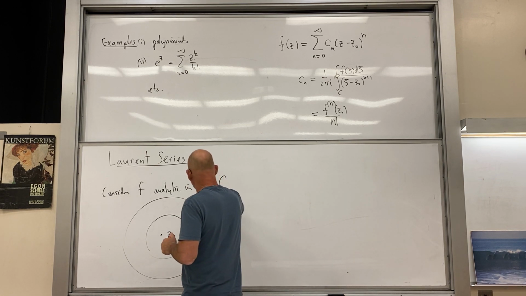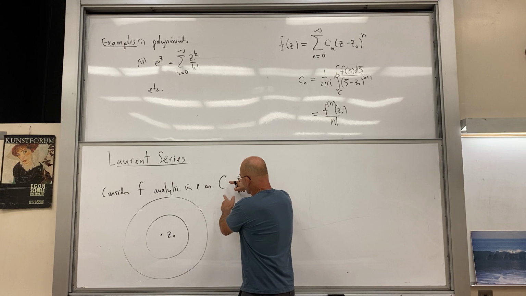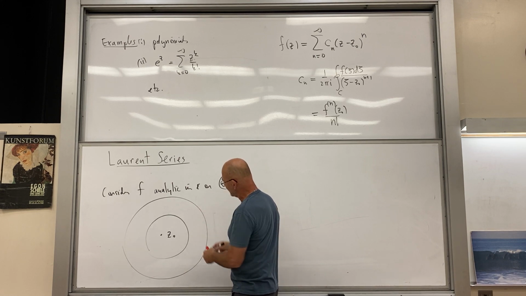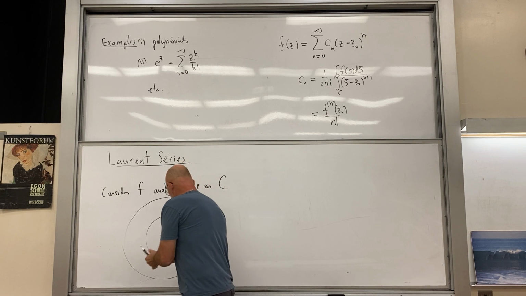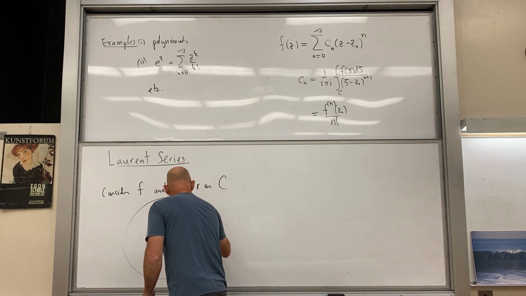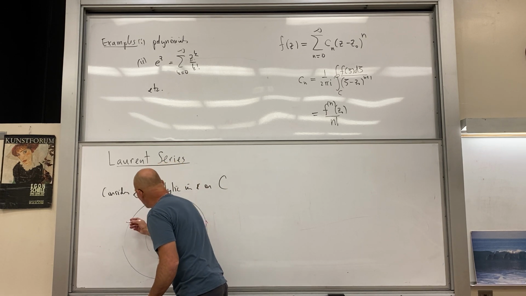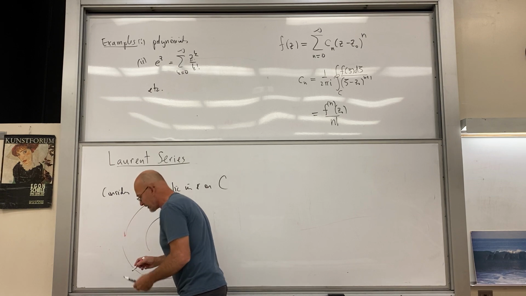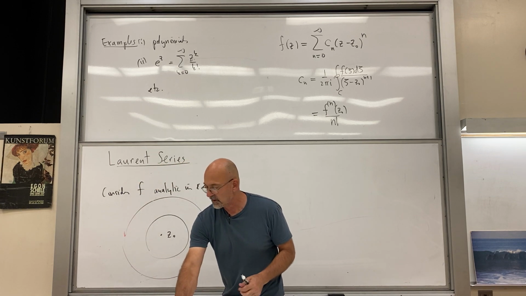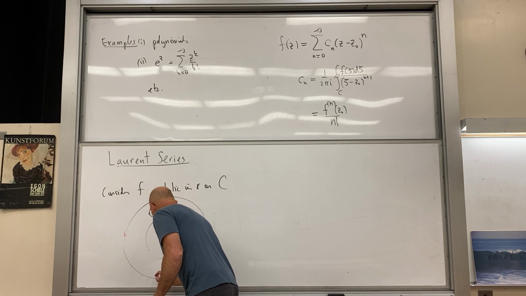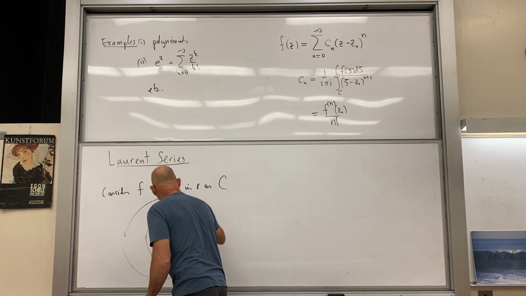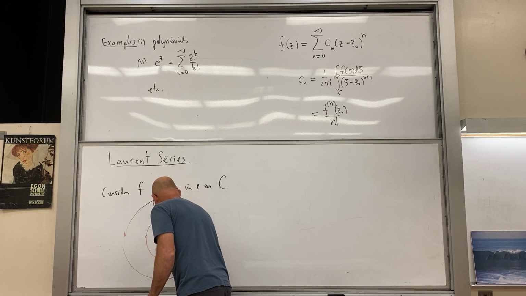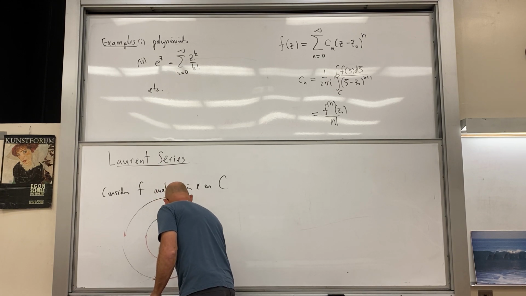Namely, the contour is this combined contour here. Let me do it. So if we were to come around here the way we do, counterclockwise, and then go in here clockwise, around, and back out.